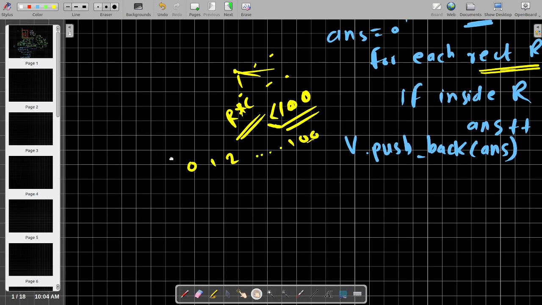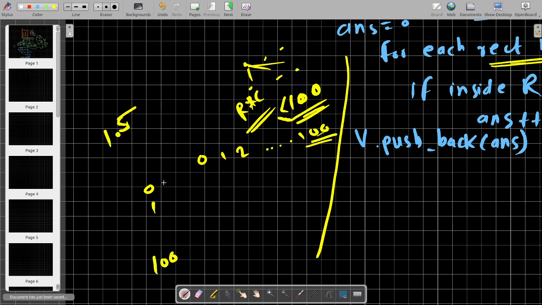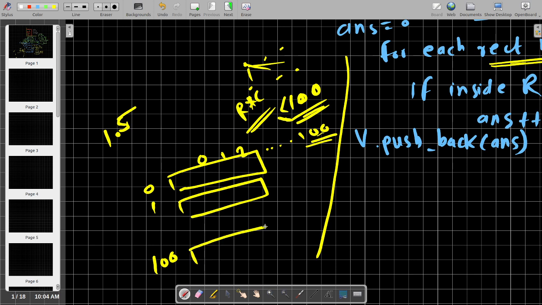Whenever you see some constraint is small, like 10 or 100 or even 10 raised to 5, it doesn't matter, it's basically buckets. We could make a list of buckets, here there are 100 buckets, 0 1 2 3 up to 100. And these buckets are basically vectors, so we could store all the x coordinates in them, right?